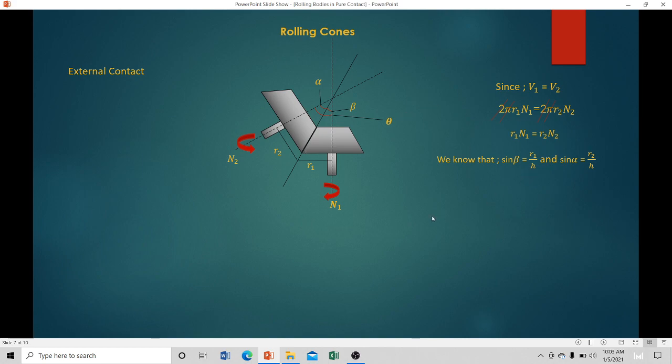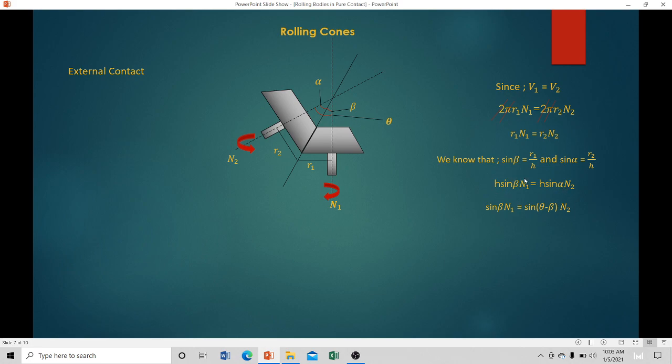And alpha we can rewrite in terms of theta and beta. Substituting R1 as H sine beta and R2 as H sine alpha, the equation becomes H sine beta N1 is equal to H sine alpha N2.